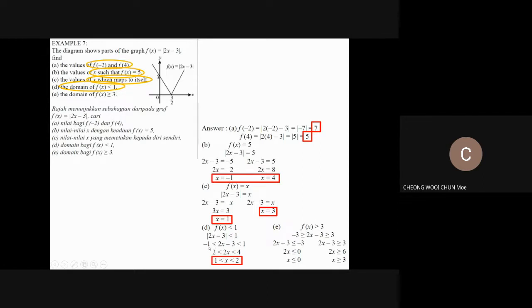We take off the modulus sign, so one is positive 1 and one is -1, and you put the symbol like this. From here, we want to find x.